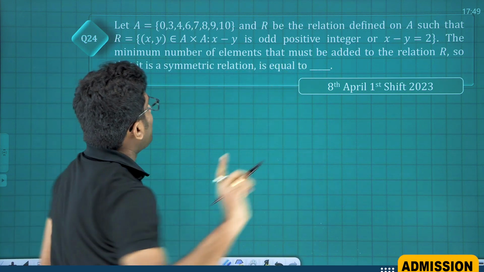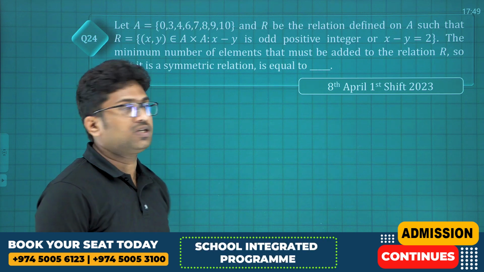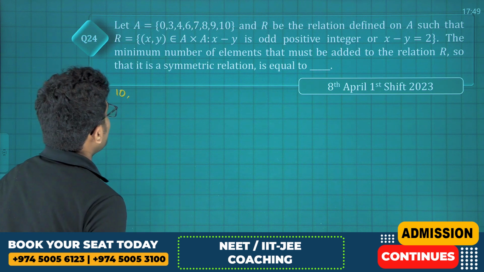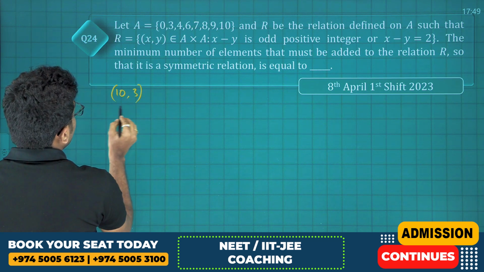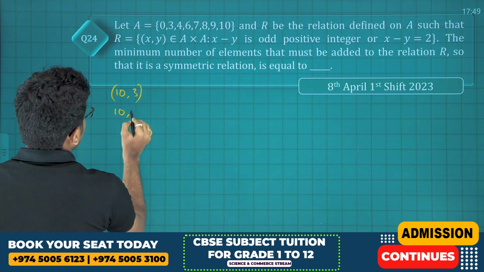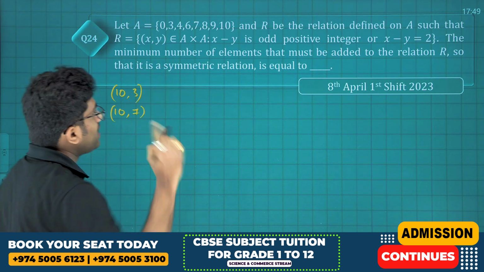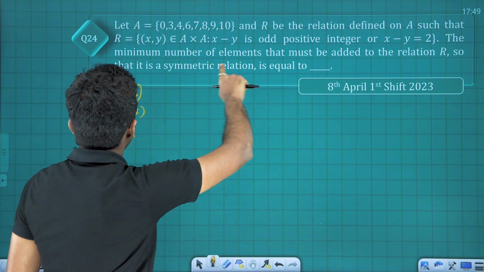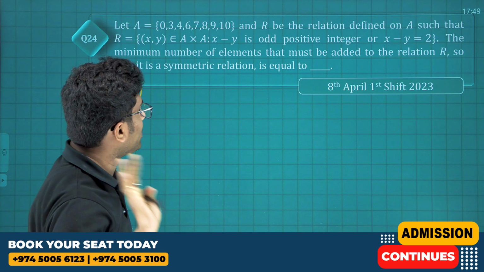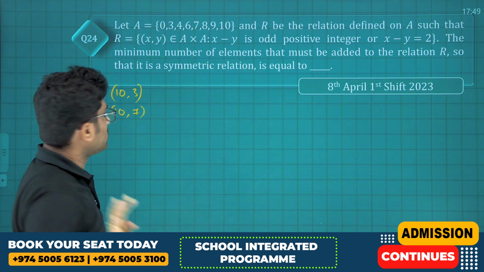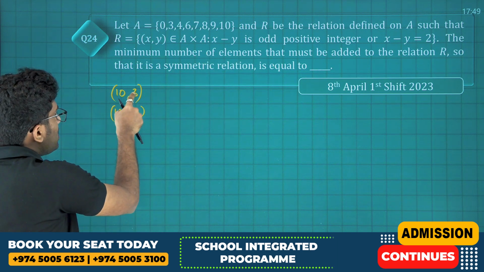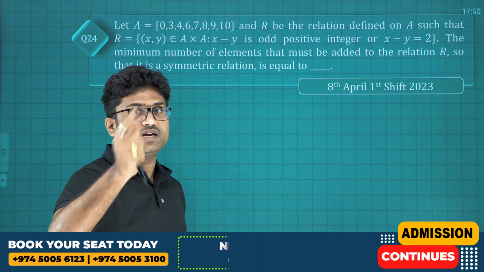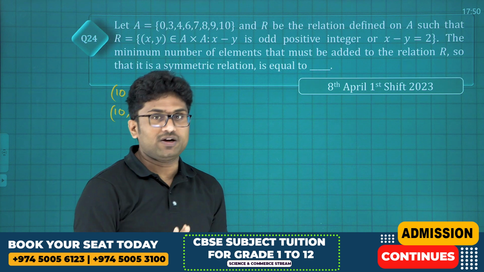x minus y is an odd positive integer. What do you mean by that? Suppose I start with 10: the pairs are (10, 3), (10, 7), (10, 9). Only even minus odd or odd minus even gives an odd number, because even minus even or odd minus odd is always even.